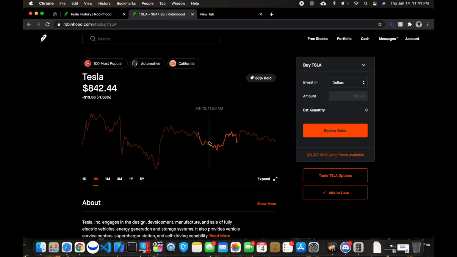So the average cost is in between the money. If Tesla decides to go up from $842, I would still make money, even if I hold the first stock that I bought for $855, $56. It will average it in, and it would be quicker to regain the money.